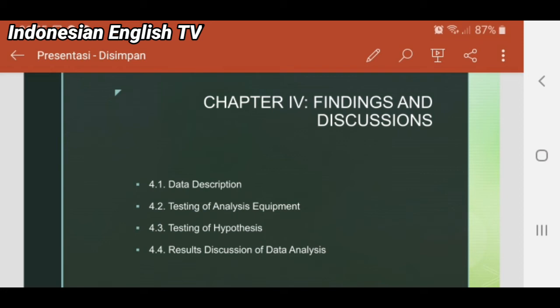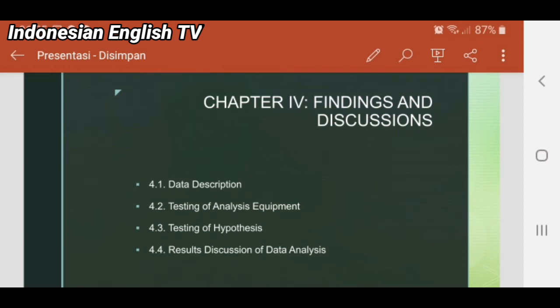The first is data description. In data description, you need to describe every detailed data, every single data you got from the site, and you need to explain that in very keen information. And number 2, you have to write testing of analysis requirements. You need to test the requirements of analysis that you use in your thesis.